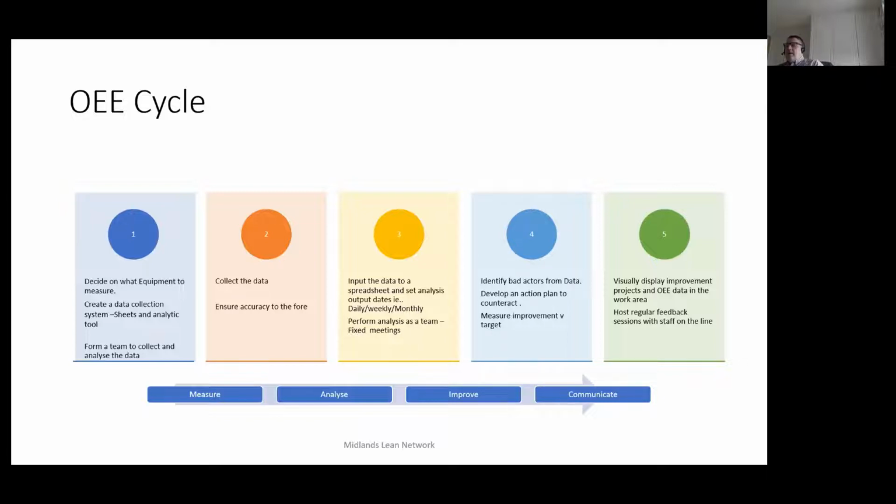And then on a daily, weekly, or monthly basis, you can take a look at where your OEE figures are. You perform an analysis as a team, and you have fixed meetings, and we meet on a weekly basis to review our OEE figures, and from there we decide on where our improvements will come. We identify the bad actors from the data we see. We develop an action plan to counteract those bad actors, and we measure our improvements versus our targeted state.